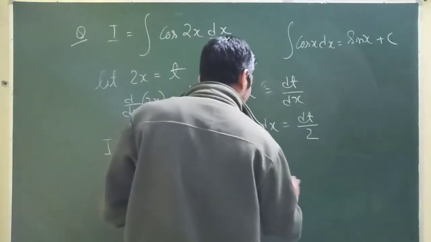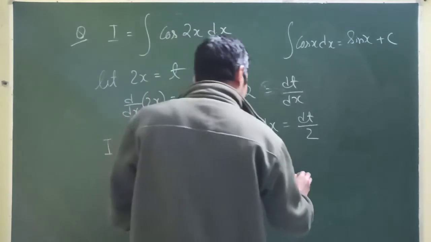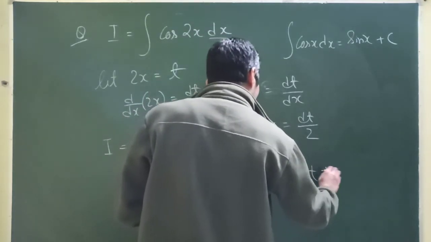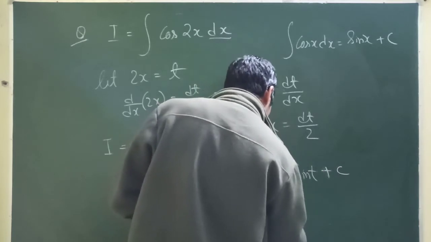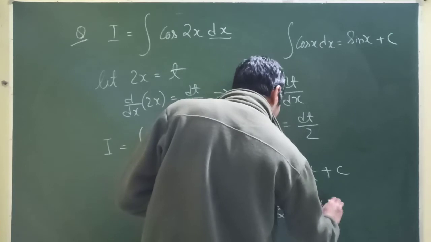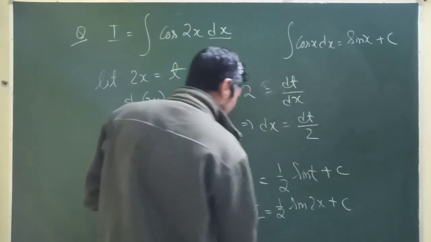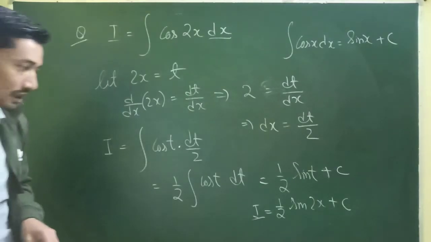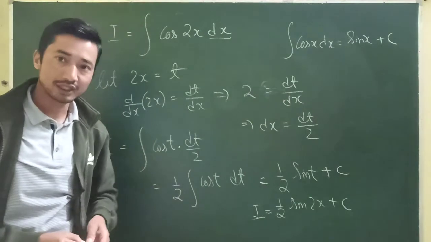So now I can just use integration of cos x is sin x. So that's sin t plus c. So that is 1 by 2 sin t, and I can replace t with 2x, plus c. So this is my solution. Alright, so that's how we can integrate.